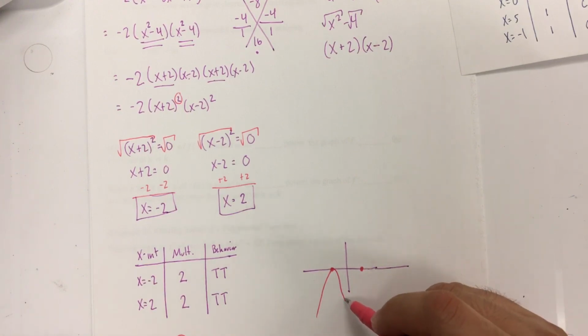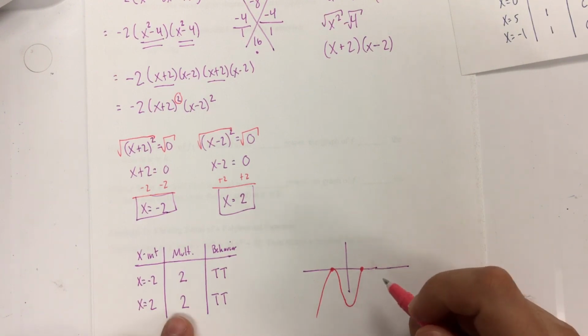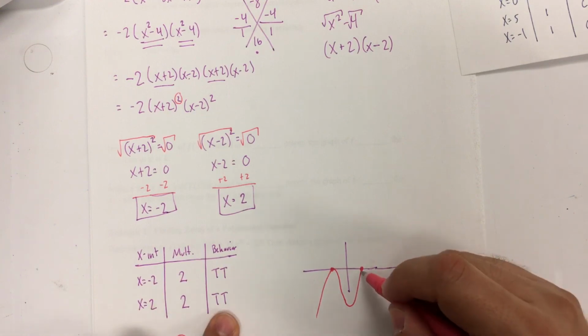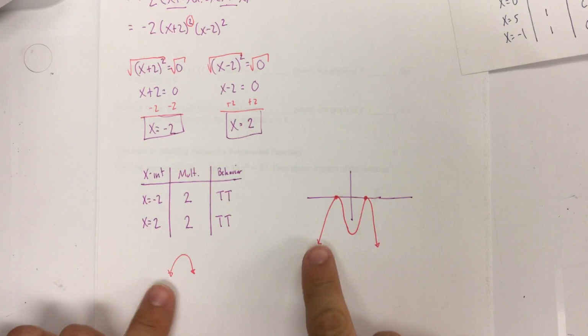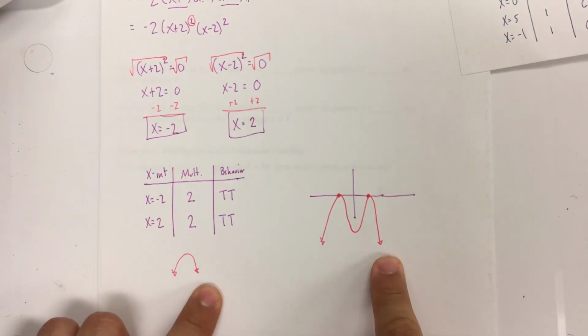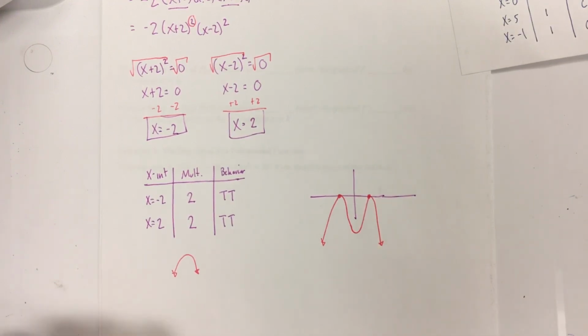Now, there is a way you can find the y-intercept and find where it actually comes through on this. Then you come back up, and you look at your next one, x is equal to 2, you touch it and turn, and it faces down. You'll notice the end behavior facing down does work out, and this is my graph, a rough sketch of what it should look like.